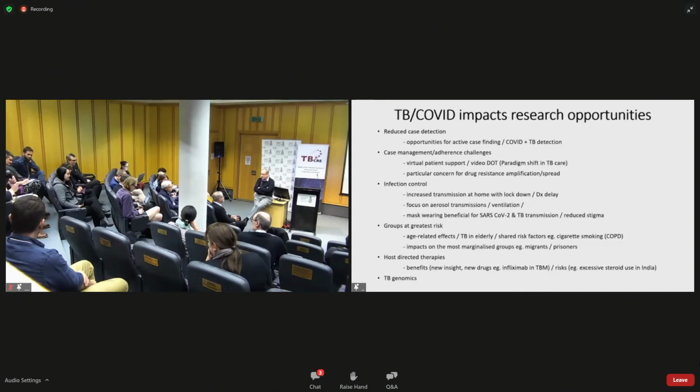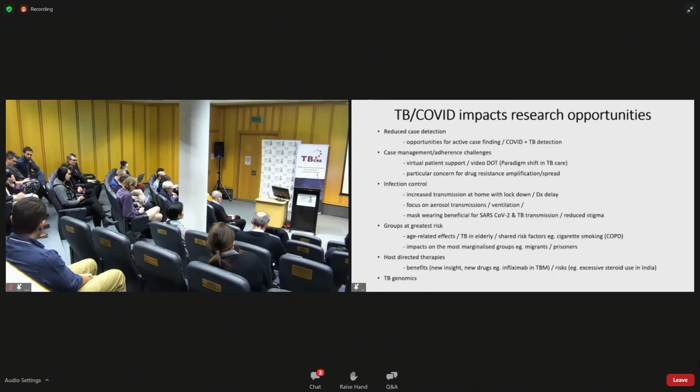In TB we've for a long time recognised the need to strengthen and decentralise services, whether for detection and treatment of disease, even including MDR TB, more from the facility towards the community, and certainly the success of preventive treatment and contact screening is seen to be much better at a community, more decentralised level than at a facility level.